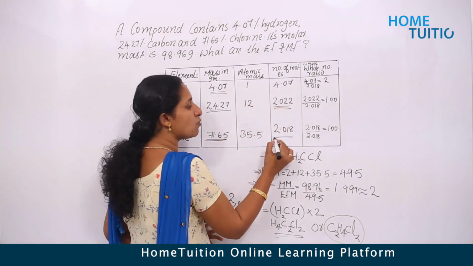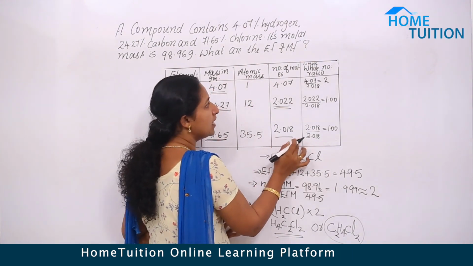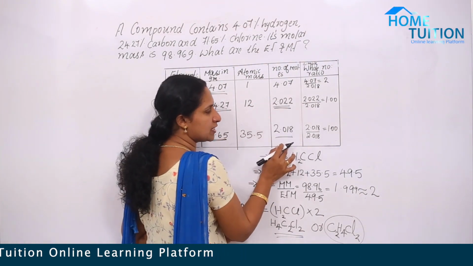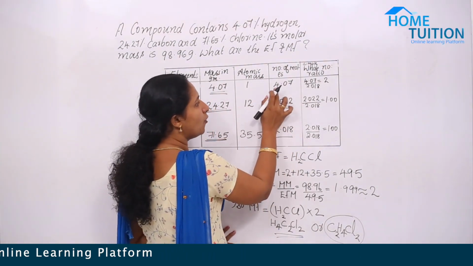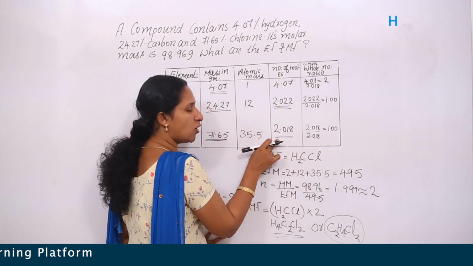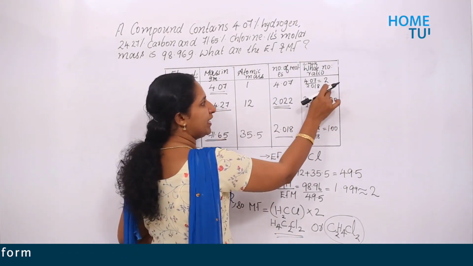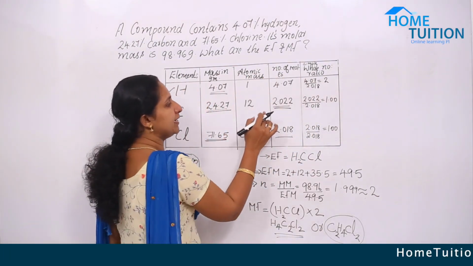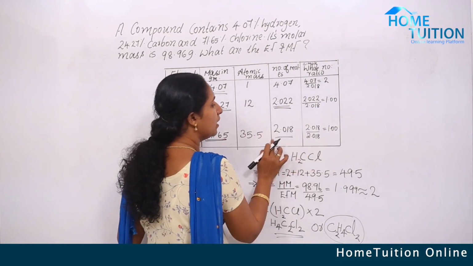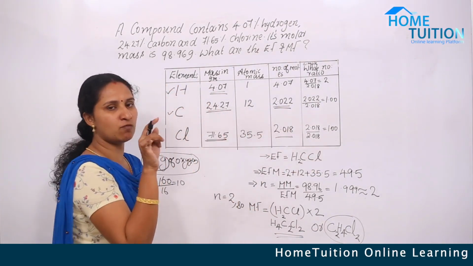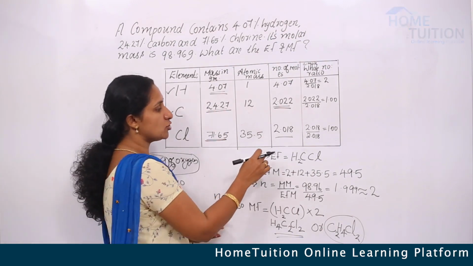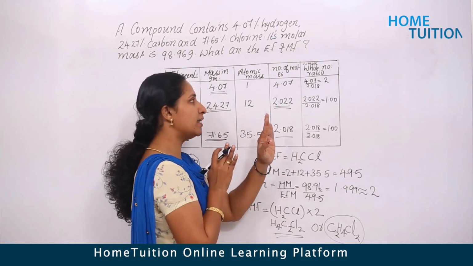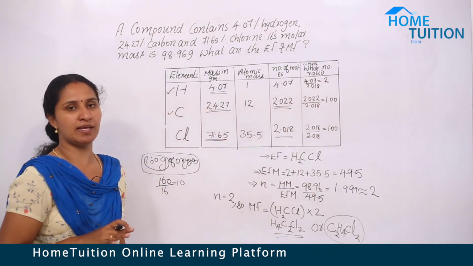So 4.07 divided by this small digit 2.018, we get approximately 2, 2.0 something. And 2.022 divided by 2.018, we get 1.00. Then 2.018 divided by itself, we get 1. And this is the simple whole number ratio.